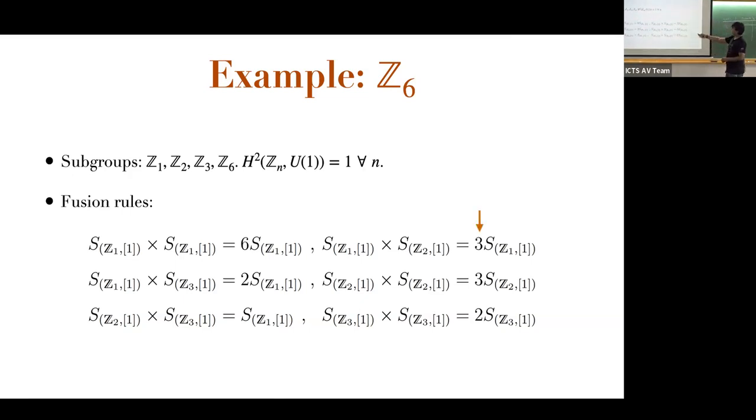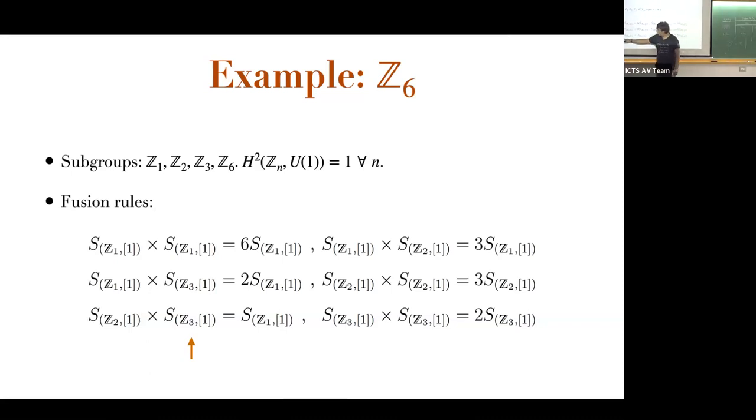Similarly, we can look at this fusion here. You take the fusion of Z1,1 with Z2,1. The answer is the order of the group divided by the order of the group here. Yet another observation is this particular fusion here. Z6 is a direct product of Z2 and Z3.